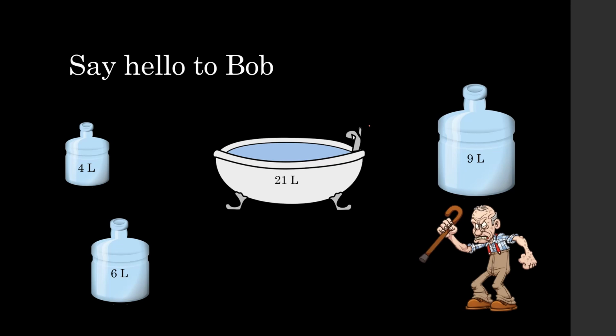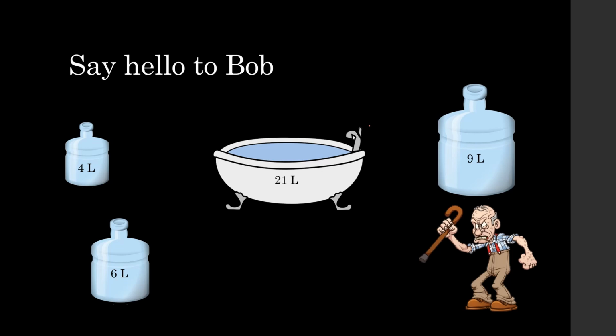Well, we've got our 3 jugs, right? A 4-liter jug, a 6-liter jug, and a 9-liter jug. And so what can each of these jugs do? Well, all jugs can either remove water or put water into the bath. We can either fill a jug to the max, so fill the 9-liter jug to 9 liters, or fill the 6-liter jug to 6 liters, or fill the 4-liter jug to 4 liters, and then pour that into the bath.